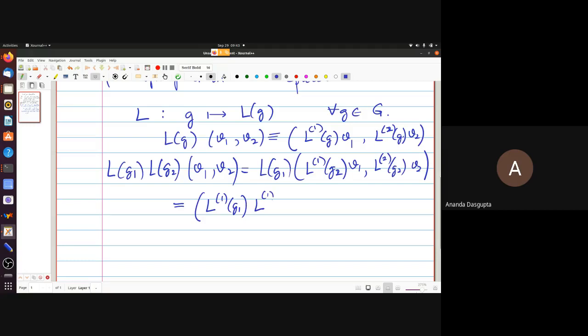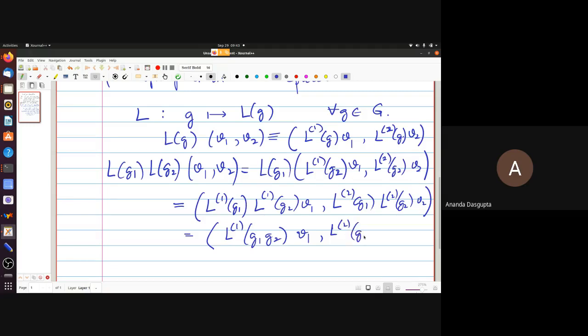So L1G1 L1G2 V1, comma, L2G1 L2G2 V2. And because L1 and L2 are representations, this definitely follows, right? This is the basic property which representations have.